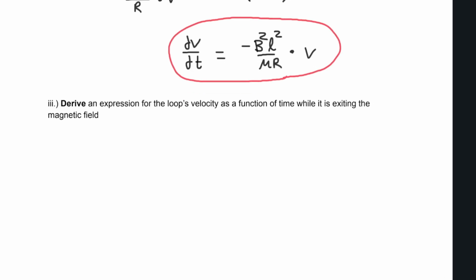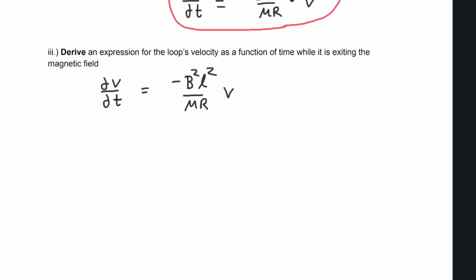So our typical strategy for any differential equation is, well, hope it's separable and then separate, integrate, and solve. So it is separable because I can get all my v's on one side, and then I can put all of my non-existent t's on the other side.